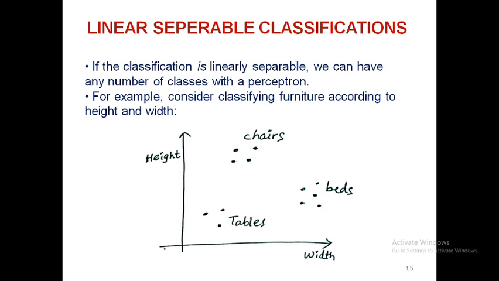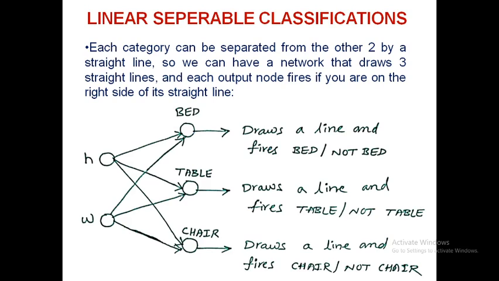If we use a perceptron, we need to draw lines to categorize into these classes. In the perceptron example, each category can be separated from the other two. Tables are separate from the beds and chairs, beds are separate from the tables and chairs. Like this, we can have a network which can draw three straight lines.